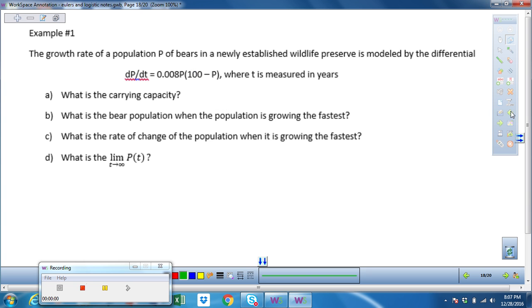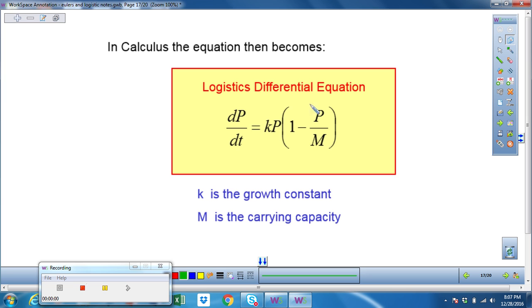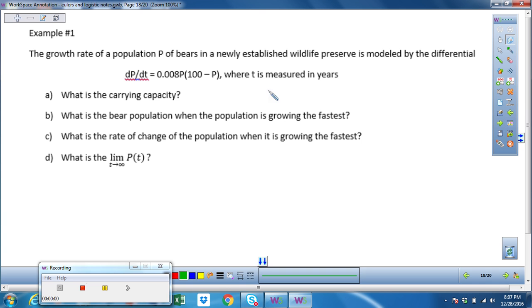Well, what we want to do is we want to put it in this form. So notice in this form, this is 1, and we have P over M. So to do that, what we're going to need to do is factor out. This needs to be 1. So in order to make that 1, I'm going to factor out 100 from this equation.